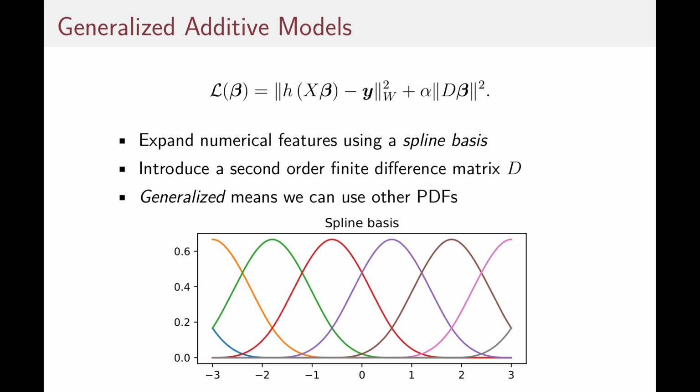So instead of just having a numerical feature and fitting a straight line to it, just imagine one feature, one target. Just a regression on one variable. It's the simplest thing. We're going to expand numerical features using a spline basis, which looks like this. These are 3rd order splines.